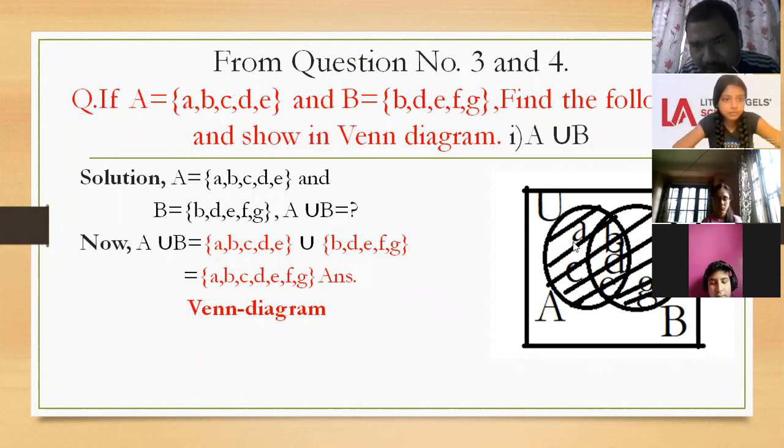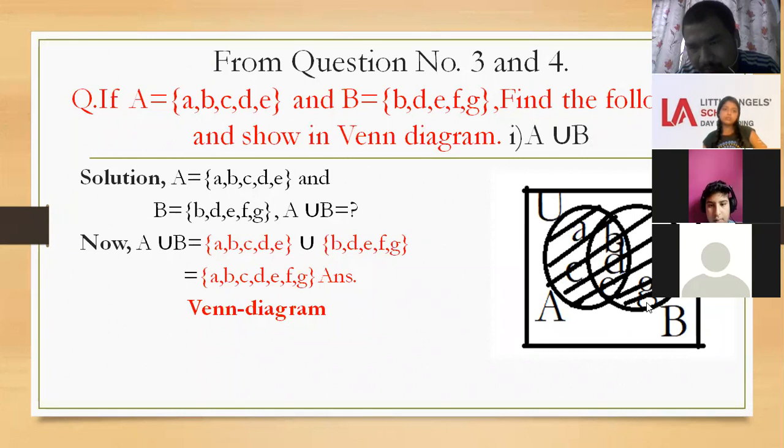And the remaining of A, what is there? A and C. What are the remaining elements of set A? A and C. And what are the remaining elements of set B? F, G. F, G, right here, okay?